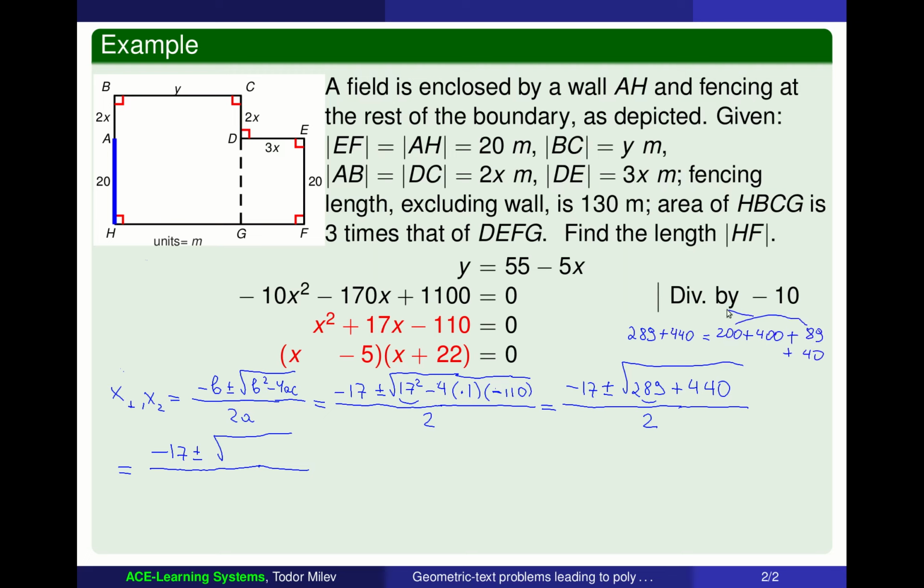So these two are from 289 and those two are from 440. So that altogether gives me 600 plus 129, so I'm getting 729. So that gives me radical of 729 over 2. Let me erase these intermediate computations here so that we do not get disturbed.